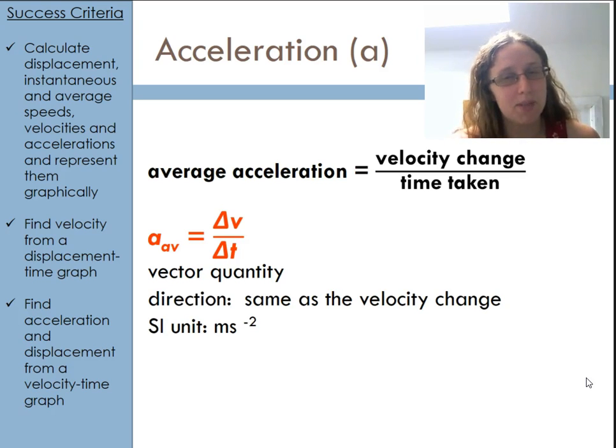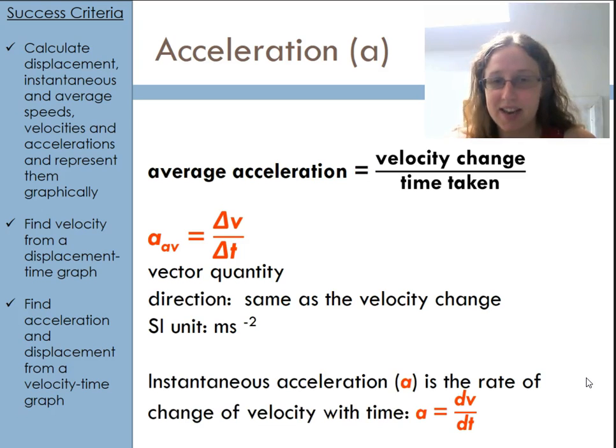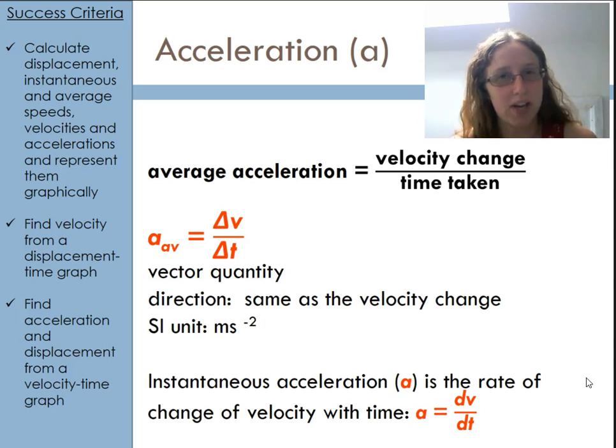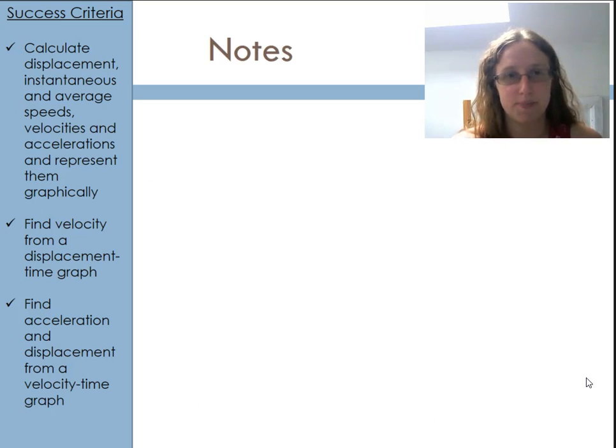The units are meters per second squared, so that's meters per second per second. Once again, instantaneous acceleration is the rate of change of velocity with time. This time I'd find the acceleration by looking at the gradient on a velocity against time graph, at a specific point in time, and that would give me the instantaneous acceleration.